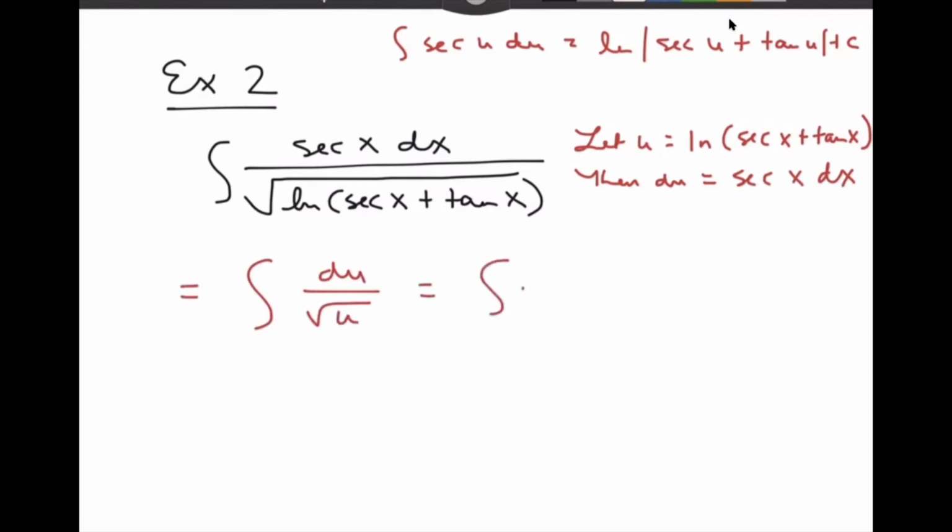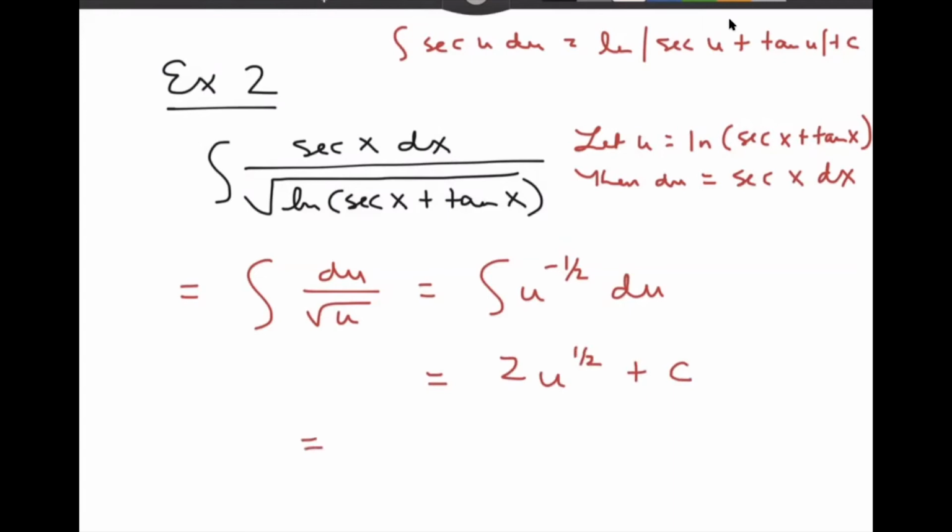That's the integral of u to the negative 1/2 du. So by the backwards power rule, add 1 to the exponent, divide by the new exponent, and this time instead of dividing by 1/2, I will just multiply by 2. And this isn't about u, this is about x.